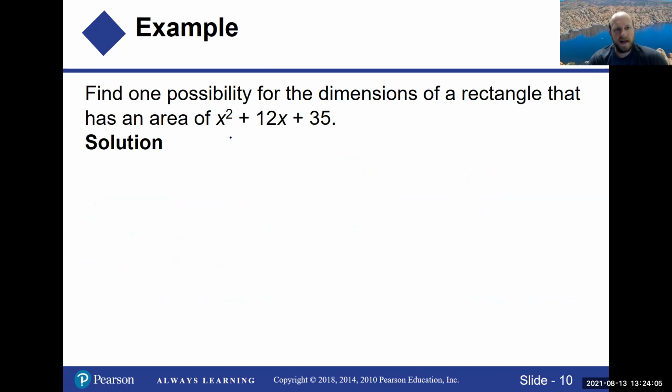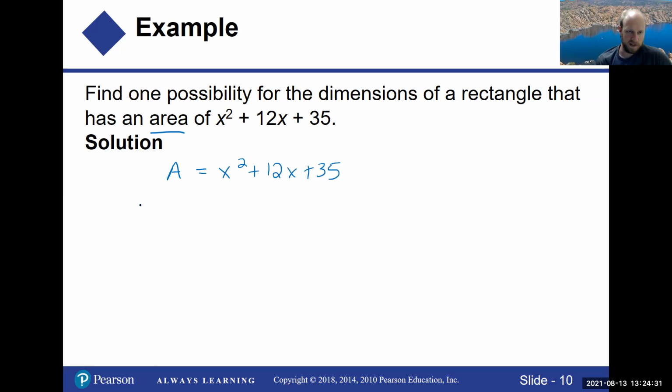All right, last one. Find one possibility for the dimensions of a rectangle that have an area of x squared plus 12x plus 35. So dimensions of a rectangle. This is the area. So A, or area, equals x squared plus 12x plus 35.